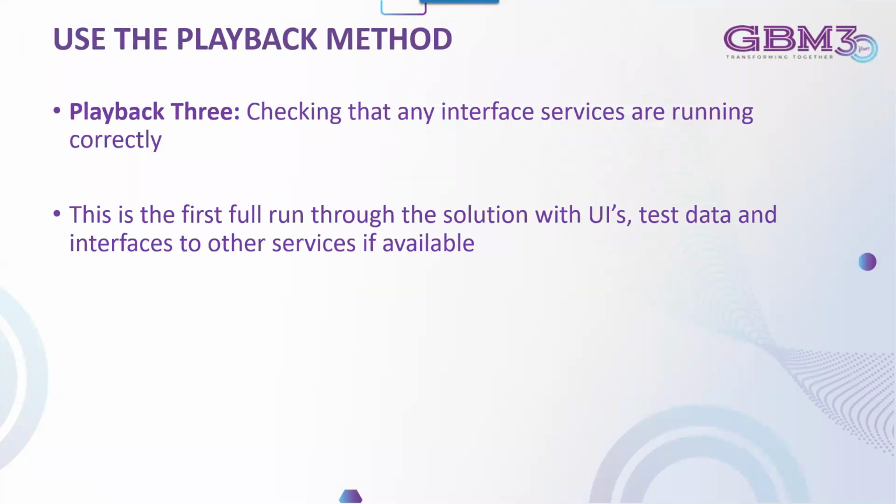So this is really the first full run through of the solution. We've got user interfaces, we've got test data, we've got interfaces to other systems if available. And so we'll probably spend quite a bit of time working towards the final playback.